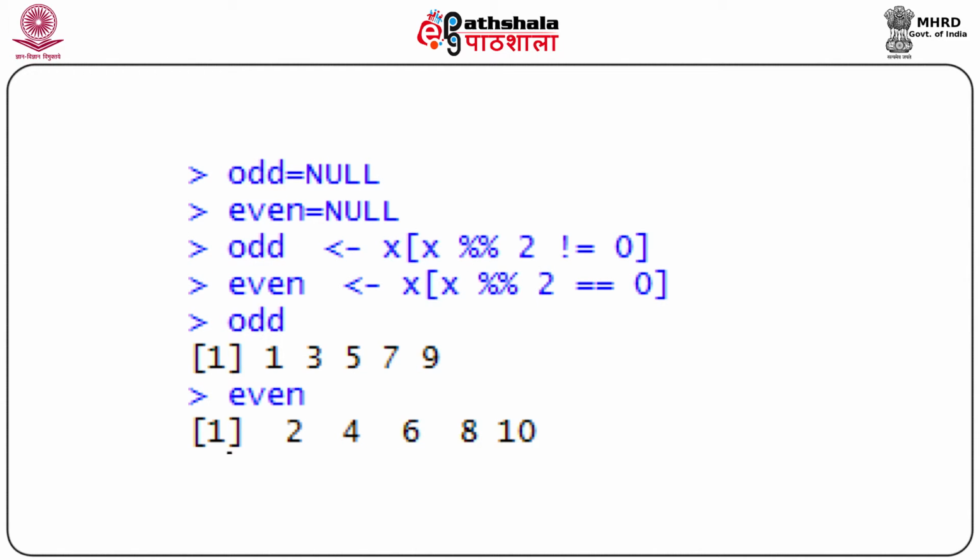Now another way of looking at this problem is that we are assigning those values of x to the odd variable for which, when we divide by 2, the remainder is not equal to 0. And similarly, we are assigning those values of x to even for which, when we divide by 2, the remainder is exactly equal to 0.